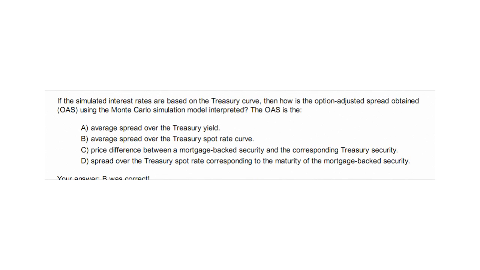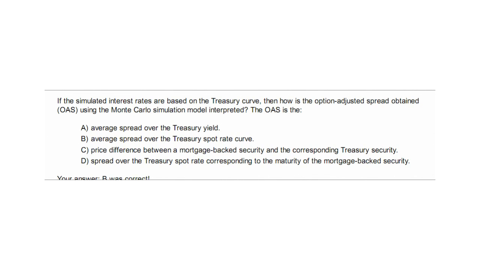If the simulated interest rates are based on the treasury curve, then how is the option adjusted spread obtained using Monte Carlo simulation interpreted? The option adjusted spread is the monthly rate along the spread generated with the Monte Carlo simulation using the treasury curve as benchmark, for the spot rates that are adjusted to be arbitrage free.